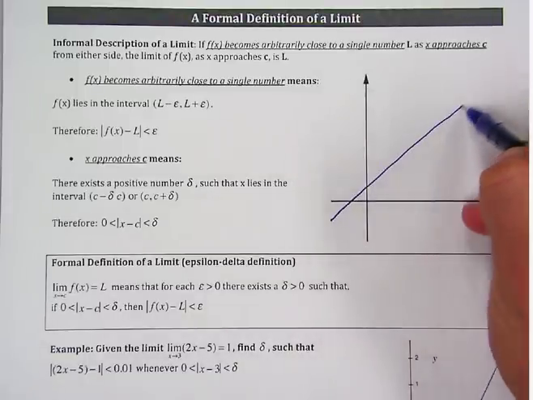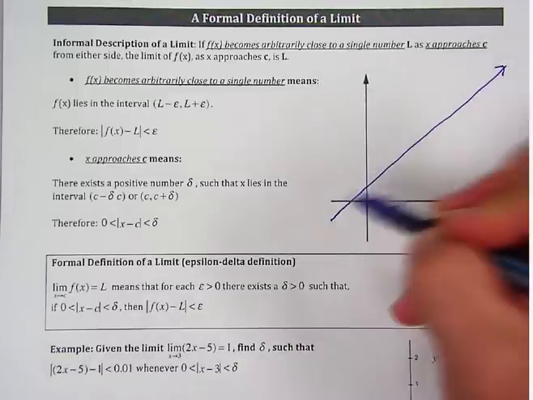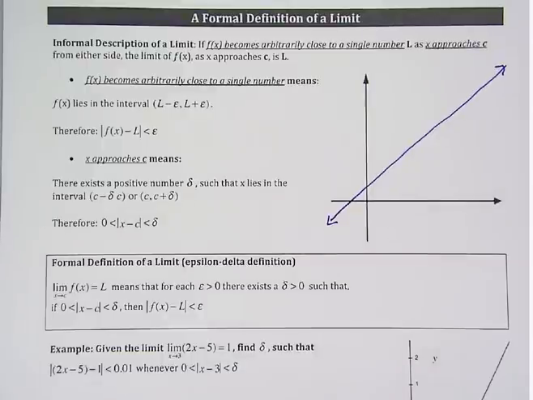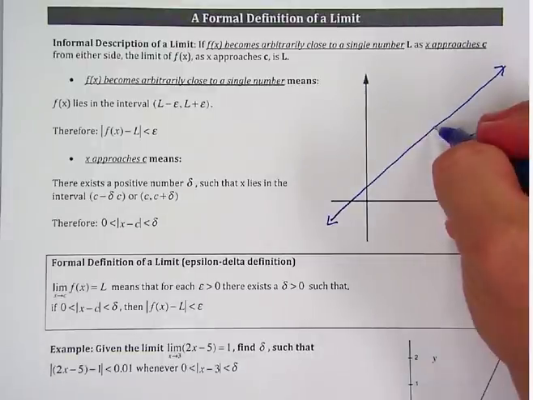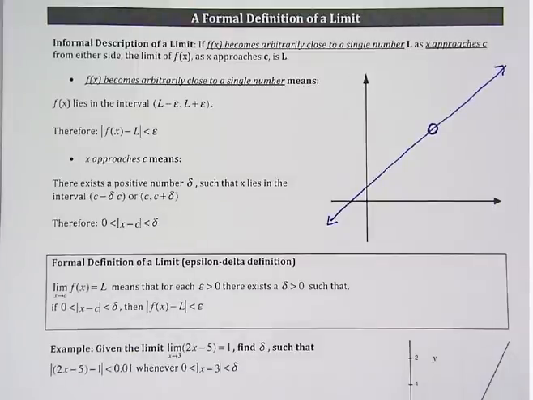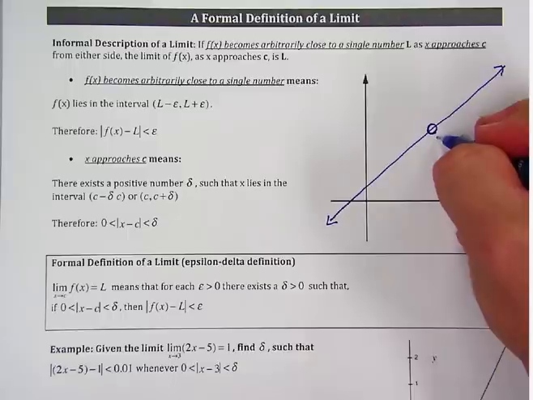Let's just draw a straight line as our function. Why not? And we'll choose this point right here as our limit. Okay, so again, this is the point c, comma, L.